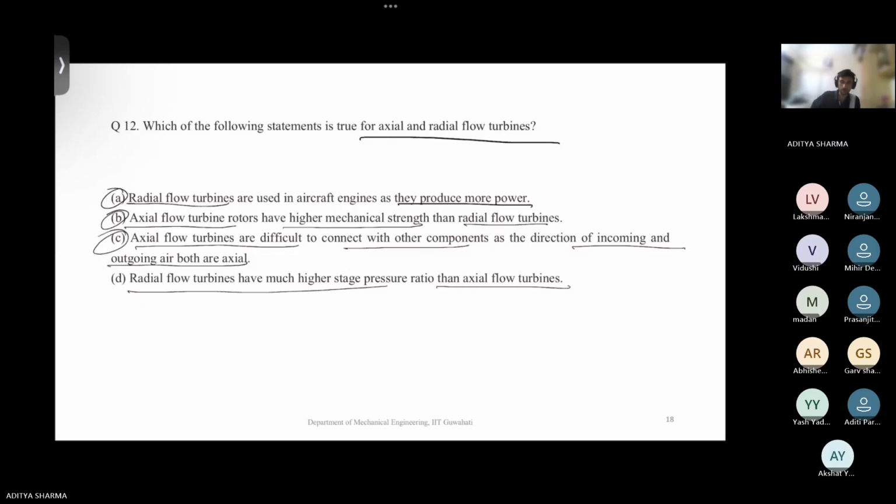Third is connection of different components is easy in case of axial flow turbines or axial flow machines. Okay, because everything is straightforward. Later you'll see how different components of an engine are arranged from your starting inlet to your compressor to your combustor to your turbine and then nozzle.